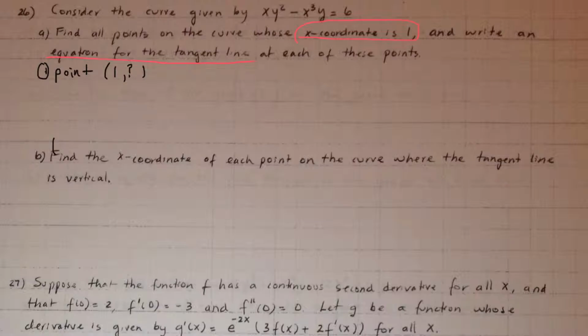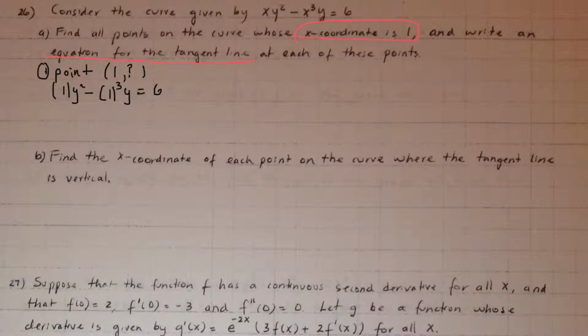So we'll have 1 times y squared minus 1 cubed times y is equal to 6. I'm just going to the original equation and letting x be 1.